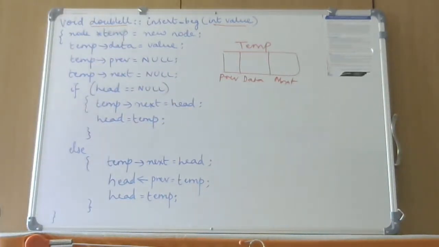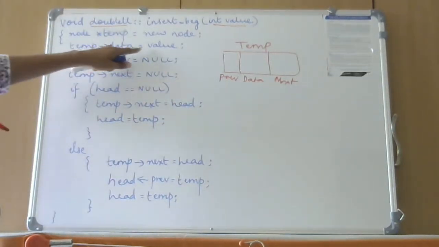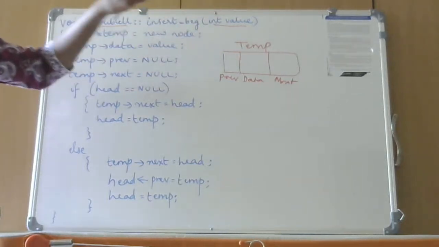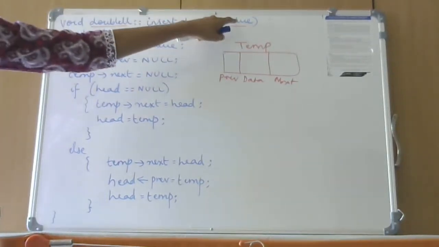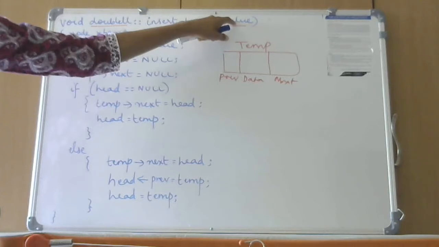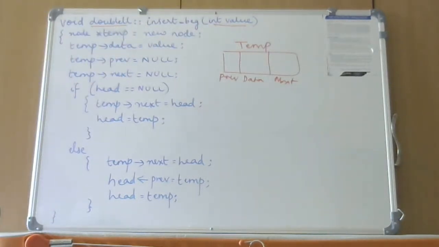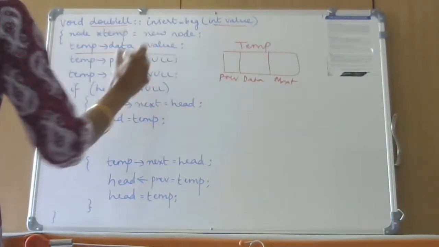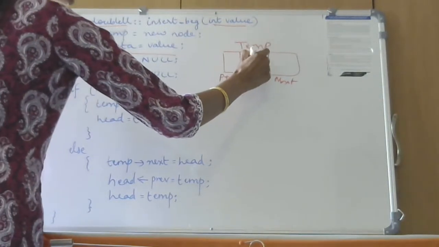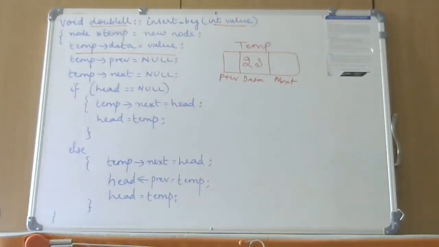This is how my node is designed. Temp of data is value, that means what you want to insert, which you have already accepted and passed as the parameter. So temp of data is equal to value means I will keep that value in this location.